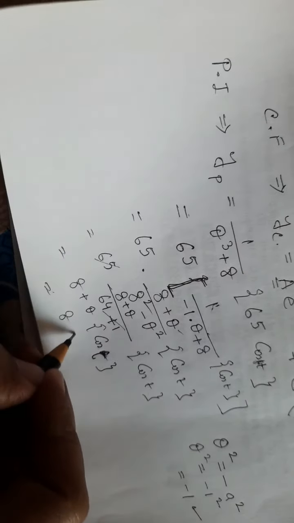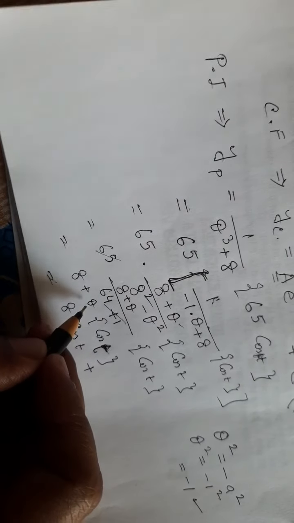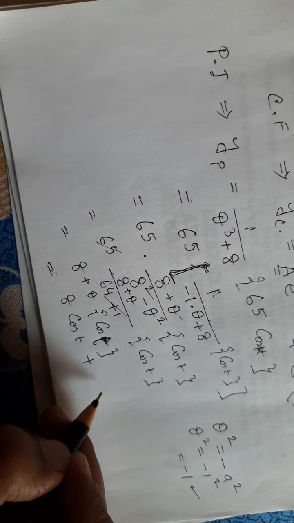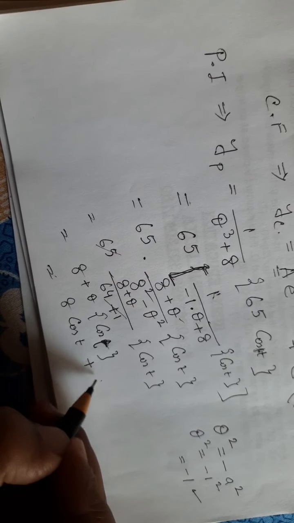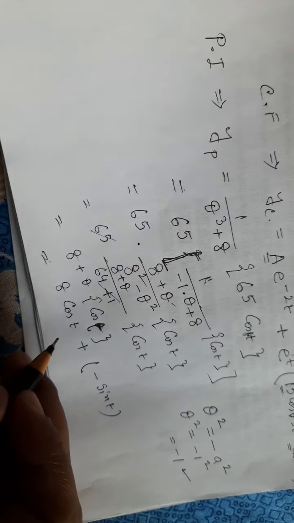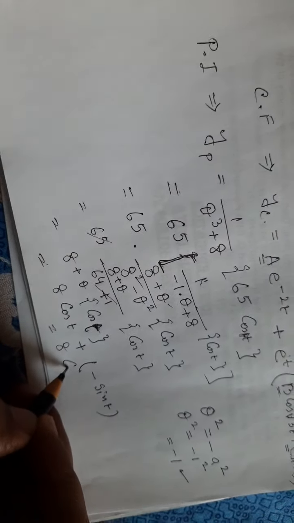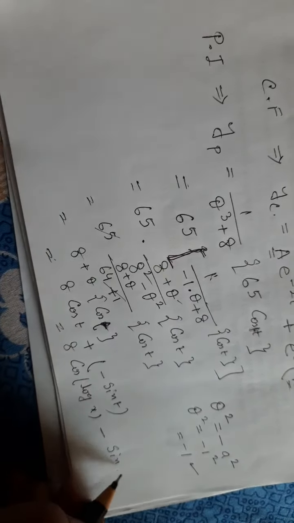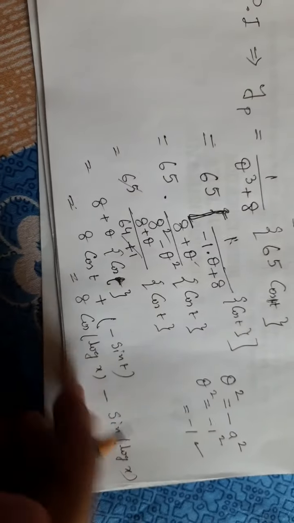Here we have 8 cos t plus the derivative of cos t with respect to t, that is minus sin t. So the particular integral value is 8 cos log x minus sin log x, putting the value of t.